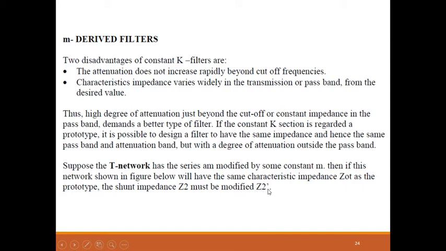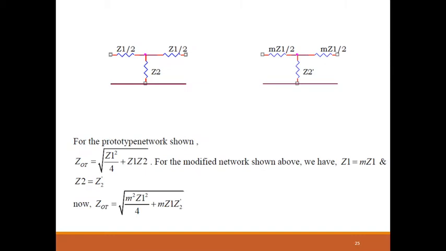We will discuss this through the derivations. You can consider this is the T network and this is the modified T network. Here we are adding the M in the network, and similarly here also we are adding the M, but the Z2 is changed into Z2 dash. That is the only difference.